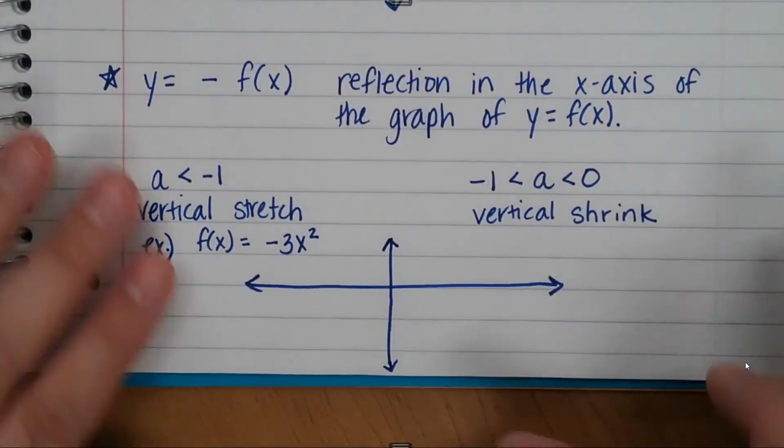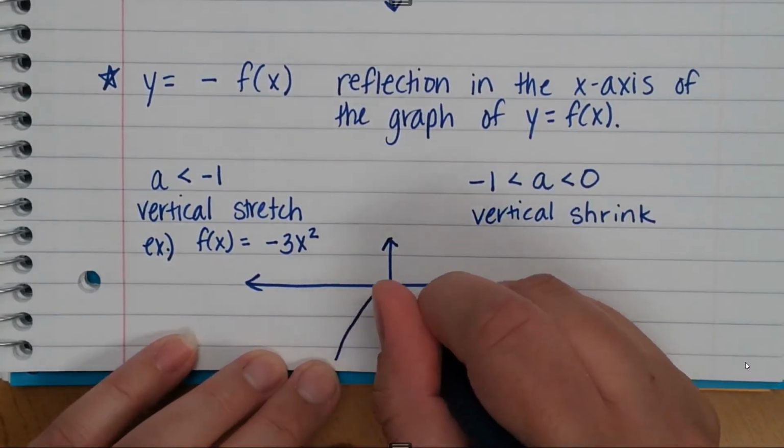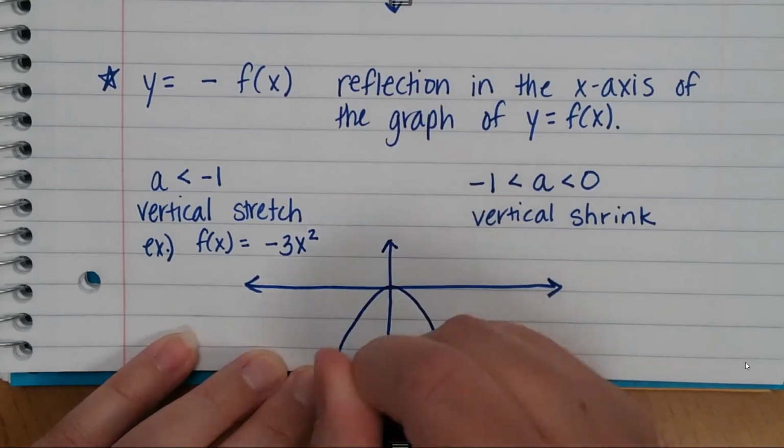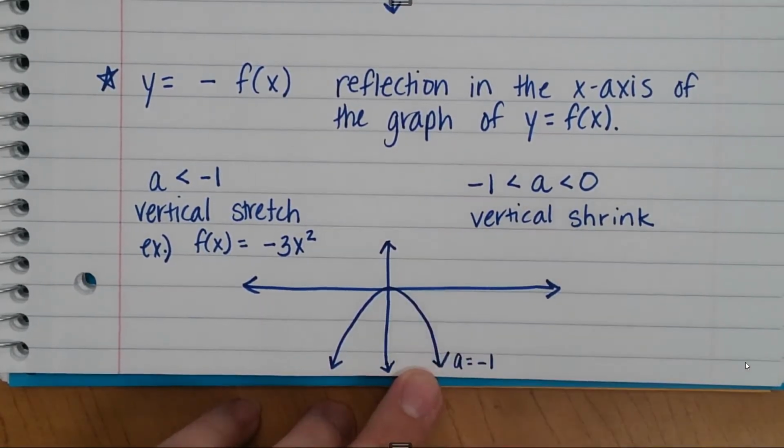Okay, so here you have your parent function, the parabola, but this is a -a. So here we're going to say a equals -1.